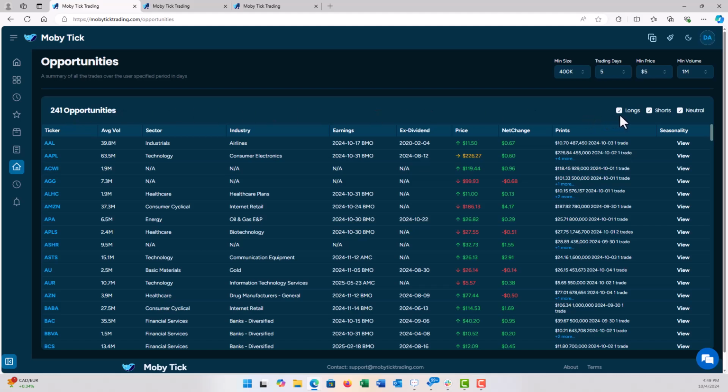We have the ability to filter longs, shorts, or neutral. And what this actually means now is if we look at AAL, American Airlines, the price is $11.50 and it's green and it's up. There's an up arrow, which means that it's above all of the prints cumulative over 400,000 in the last 5 trading days.